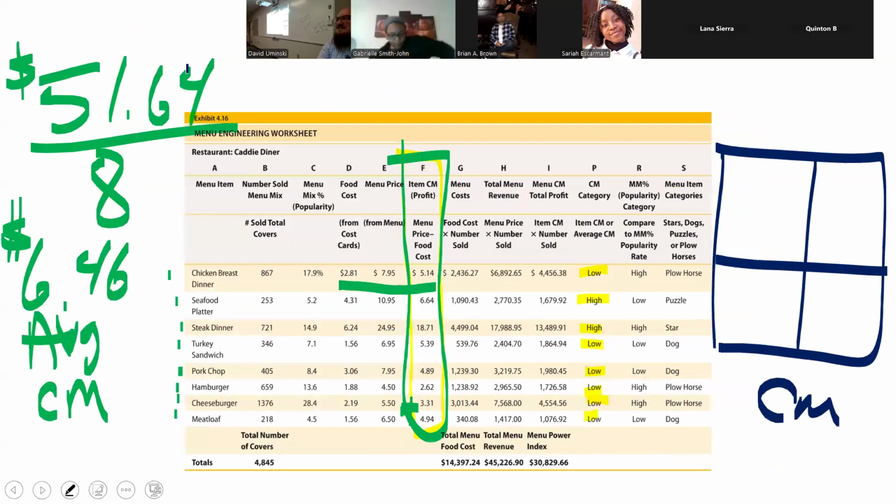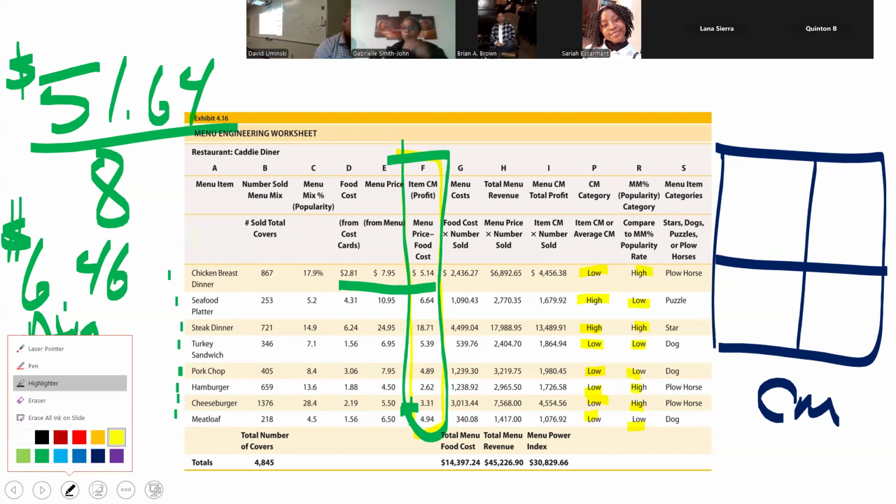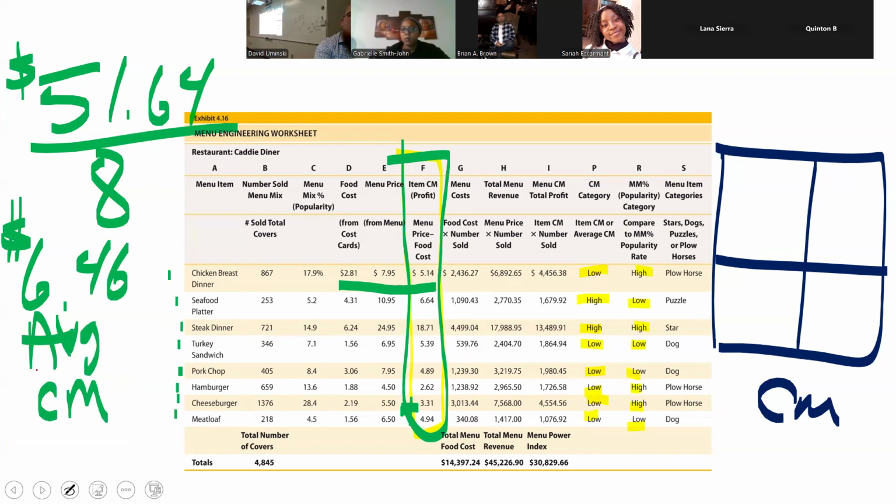So now let's take a look at this menu. Now that we know highs and lows, as you are going through this particular assignment, I would recommend that you go by category, not line by line.